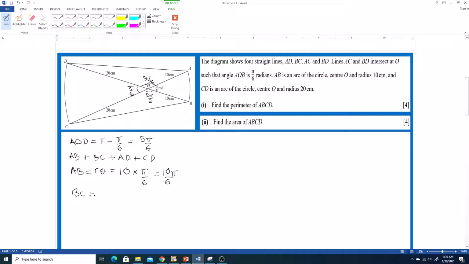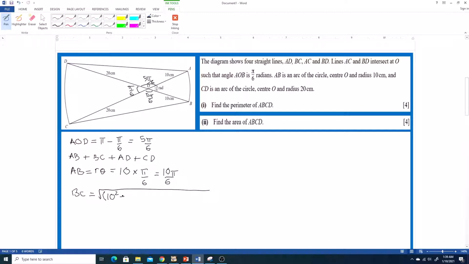Now I'll do BC. To get BC, I'm going to do one step just like in our previous question, and that's going to be the cosine rule. So BC, I have one side as 10, so I'll do 10 squared.